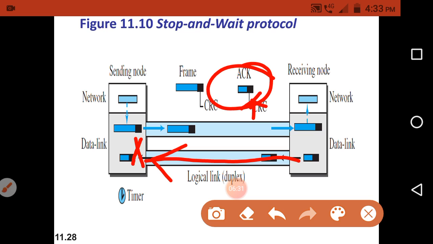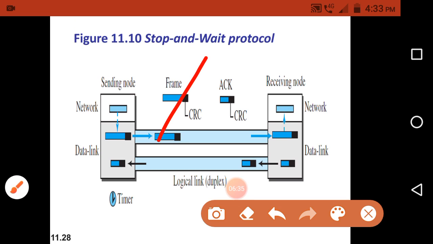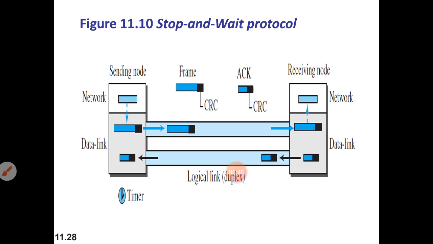So that's why we have to add the CRC to both the data frame as well as the acknowledgement frame. Based on that only, both the sender node and receiver node can identify the corrupted or correct one. Okay, so this is all about the stop and wait protocol.